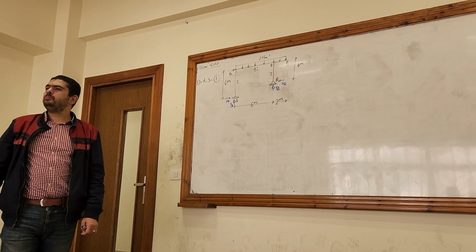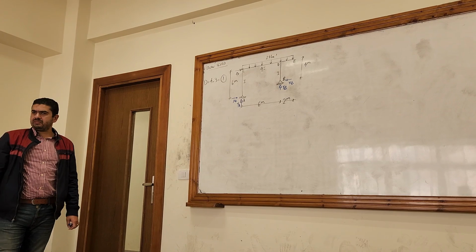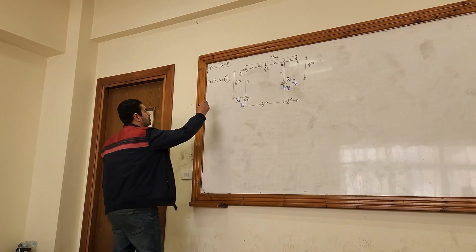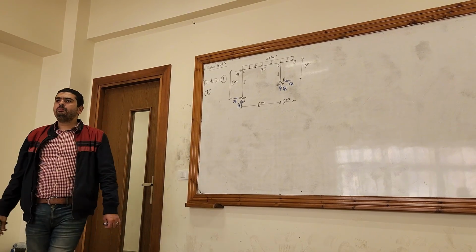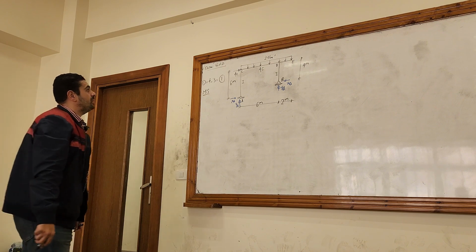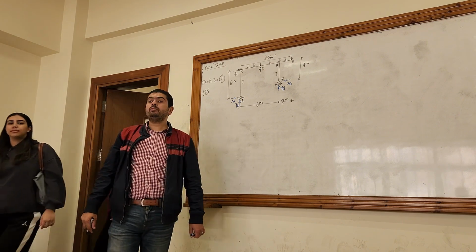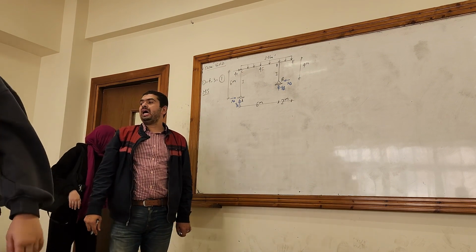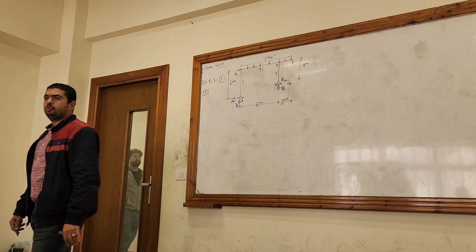What was the second step in the superposition? Main system, right? The second step was the main system. Please make the indeterminate structure a determinate structure, right? So how did we used to make an indeterminate structure a determinate one?